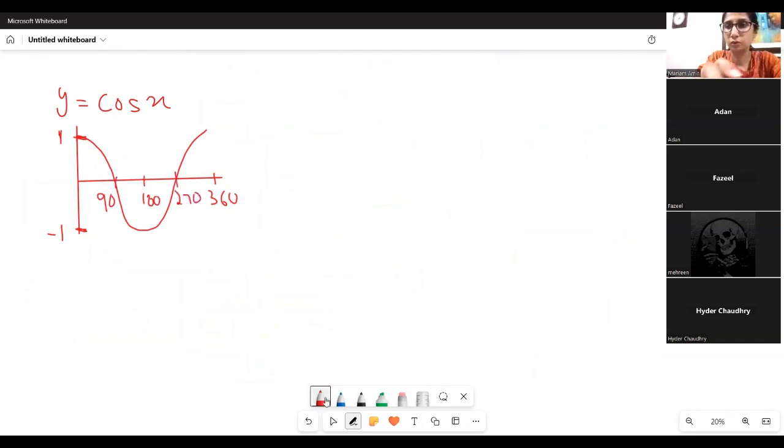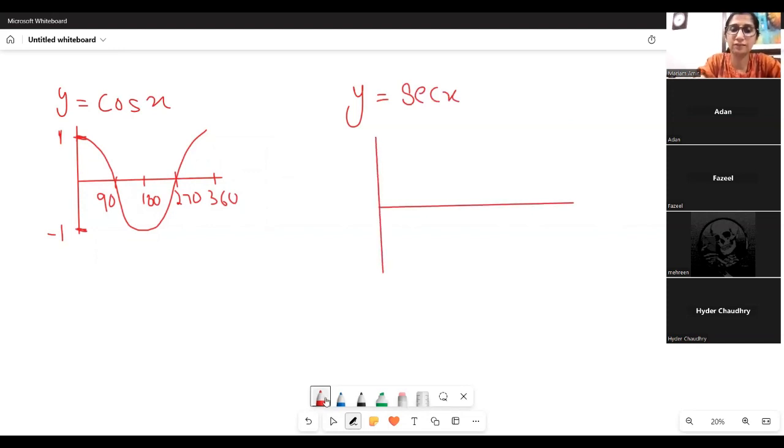So now we're going to sketch the graph for y is equals to secant x, which is reciprocal of this graph. So that is going to have an asymptote here at 90.